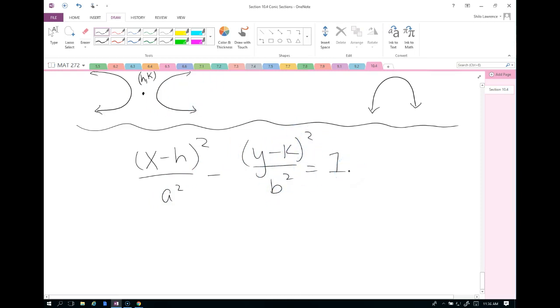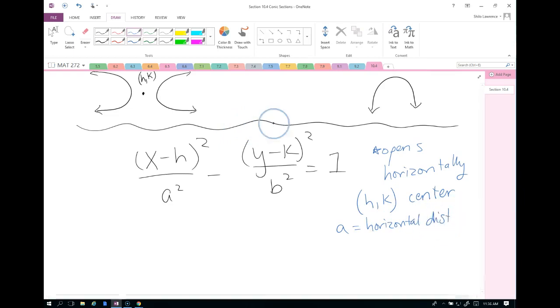So we know this one's going to open horizontally. h, k is the center. a is the horizontal distance. And b is the vertical distance.